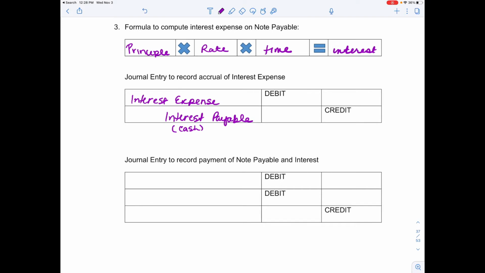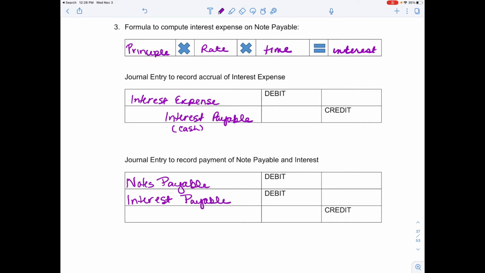So if we did accrue some of that interest payable, and then we're going to pay it when that note becomes due, first thing we're going to do is write off the entire note with a debit to notes payable, and that's for that full amount. We'll debit that interest payable if we had accrued the interest already.